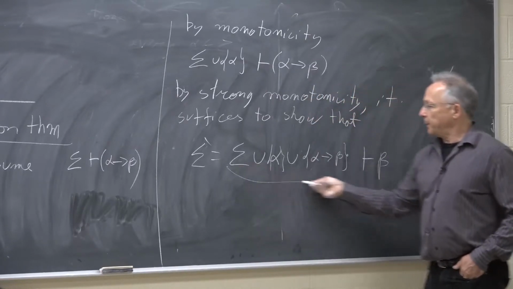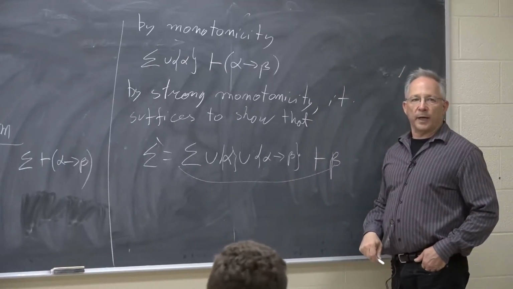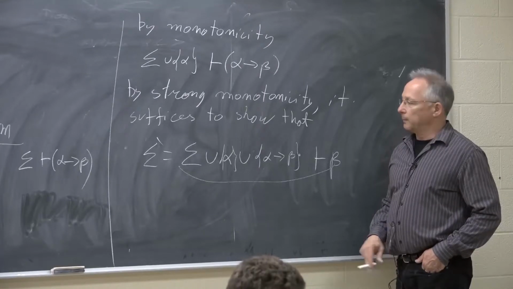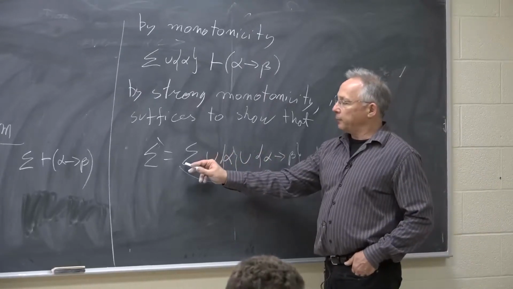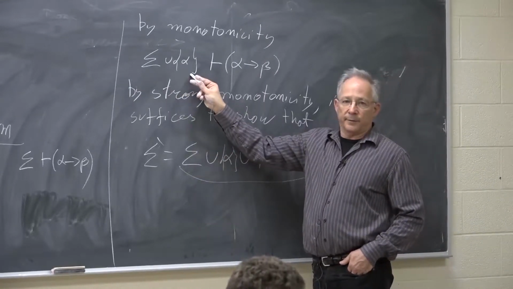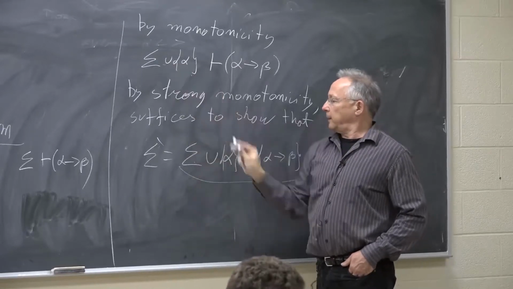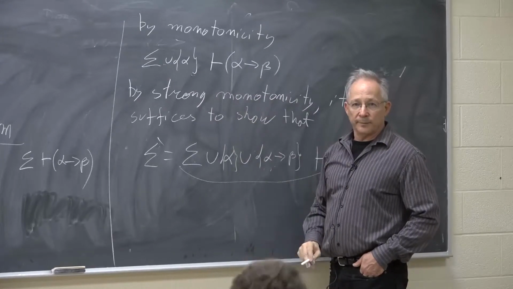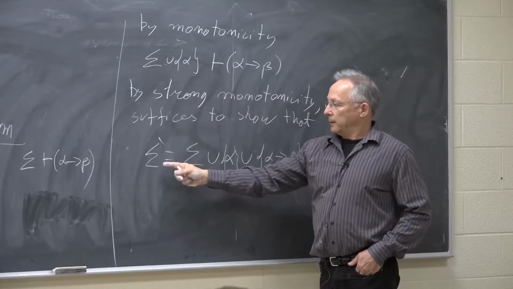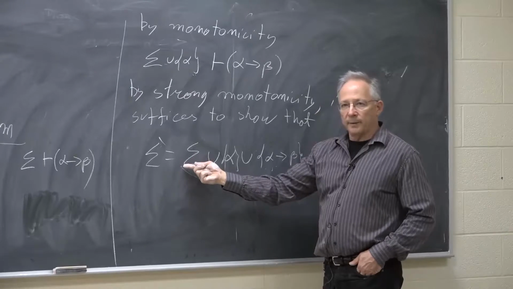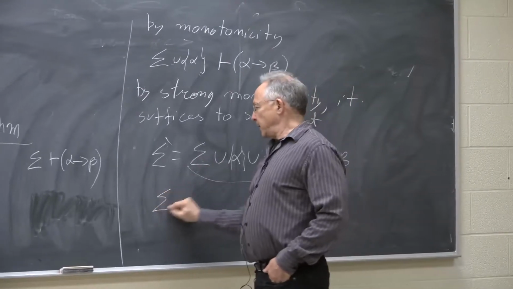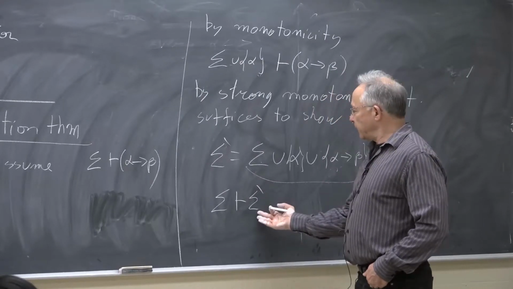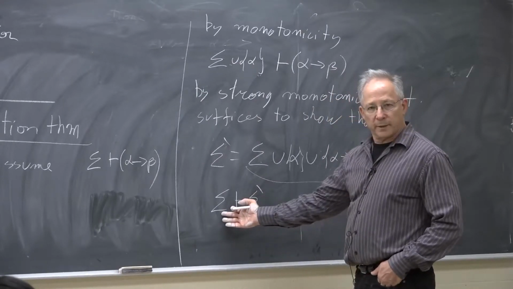Because everything in sigma prime can be proven from sigma. This is already there, and this also can be proven from my assumption. So if this is my sigma prime, then sigma is stronger than sigma prime. So if I show that I can prove beta from sigma prime, I showed it from sigma.